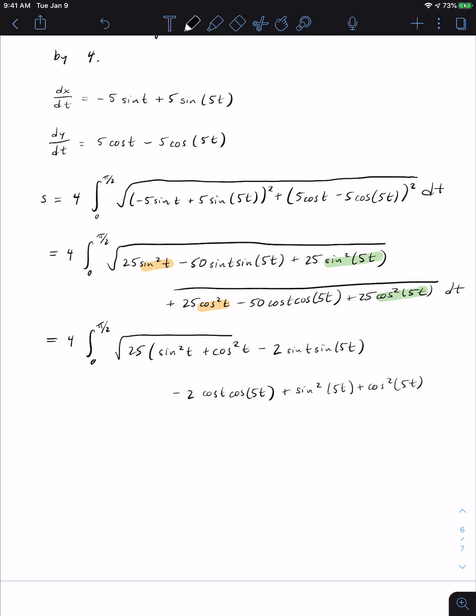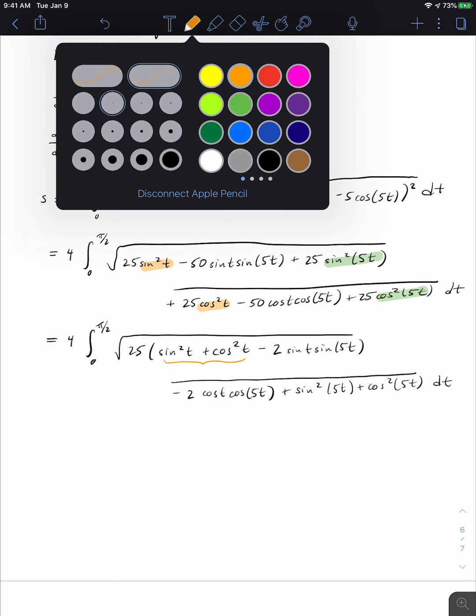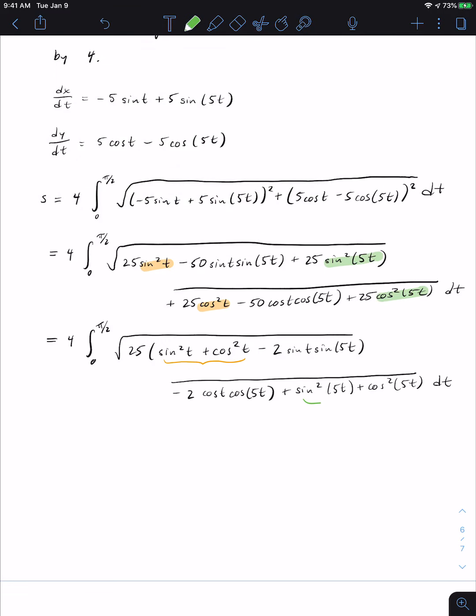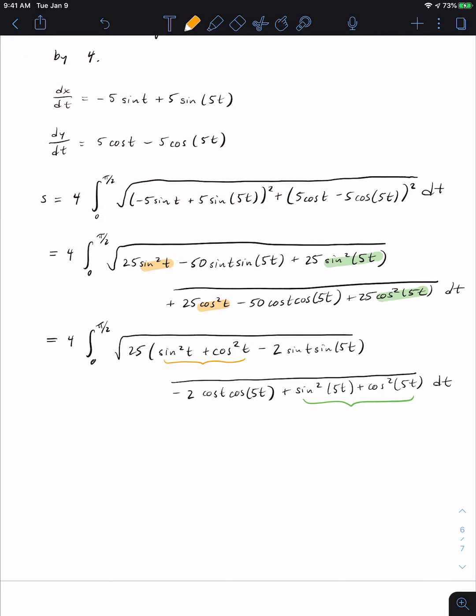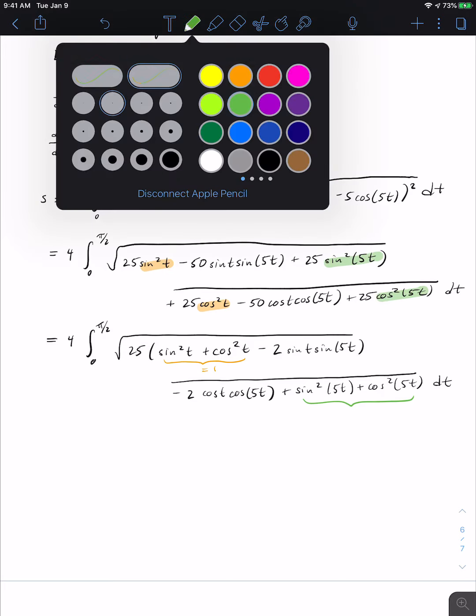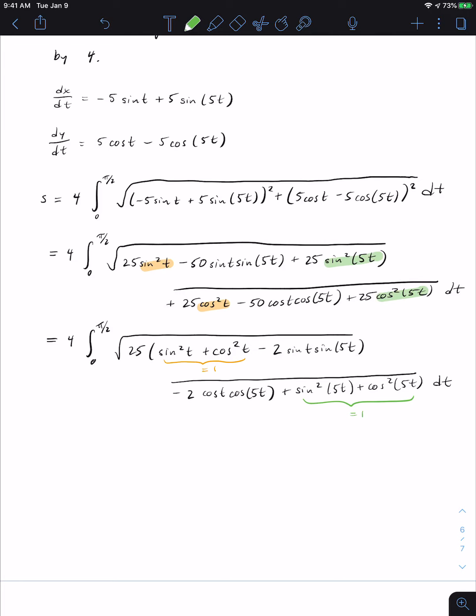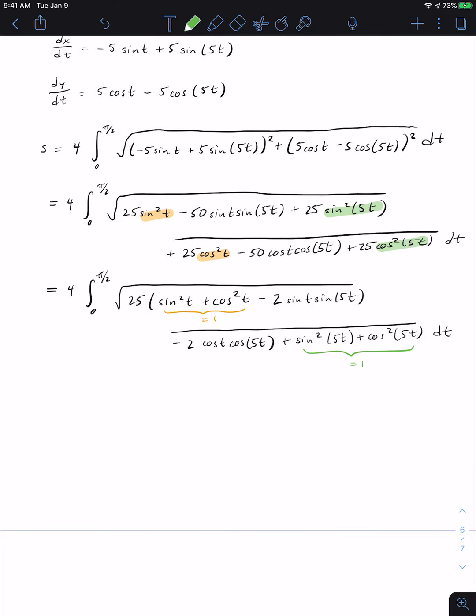So in this step, what did I do? I pulled out a 25 out of every single term, and then I grouped my sine squared t and cosine squared t together, and my sine squared of 5t and my cosine squared of 5t together. Why? Because those are both equal to 1. If I have the same argument of sine and cosine squared, then those are equal to 1.